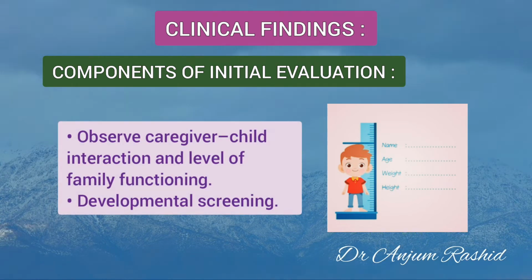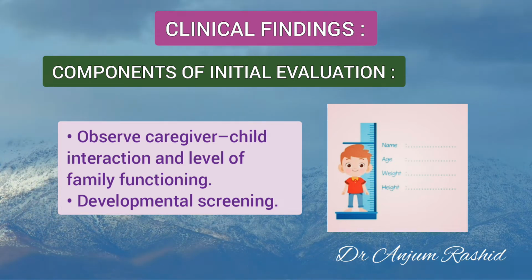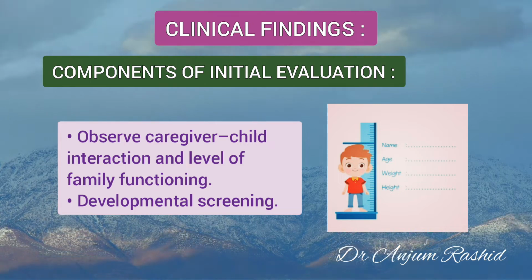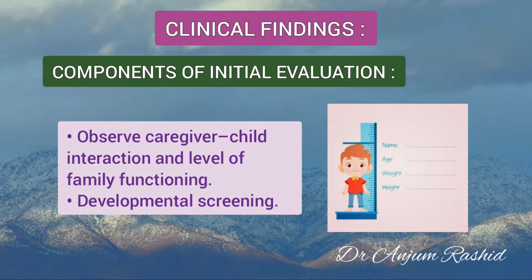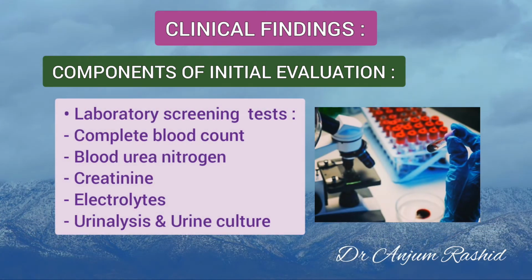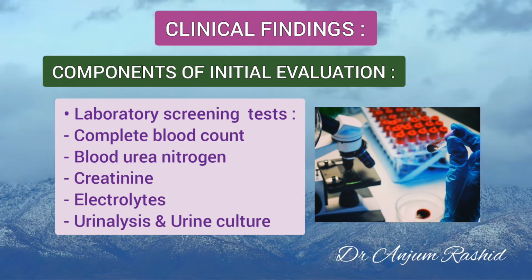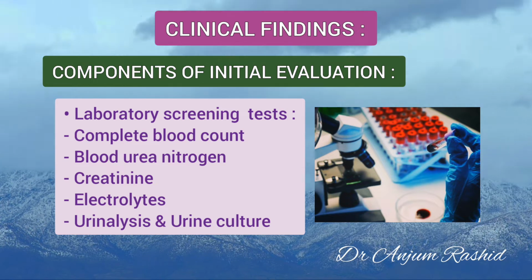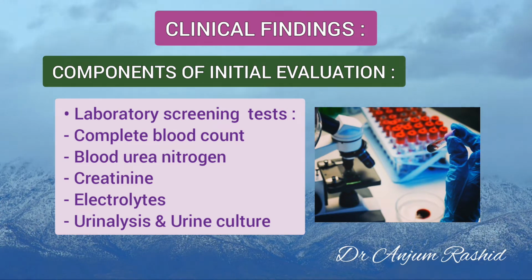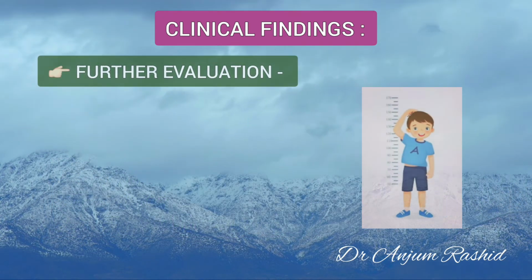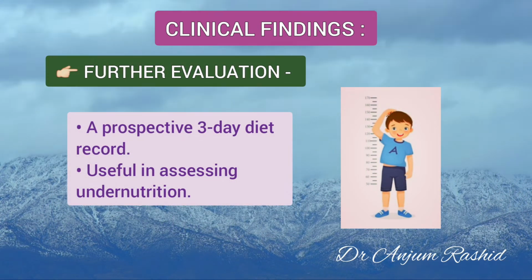Now, throughout the evaluation, the physician should observe the caregiver and child interaction and the level of family functioning. Now, developmental screening and laboratory screening tests, including complete blood count, blood urea nitrogen, creatinine, electrolytes, urinalysis, and urine culture, complete the initial evaluation.